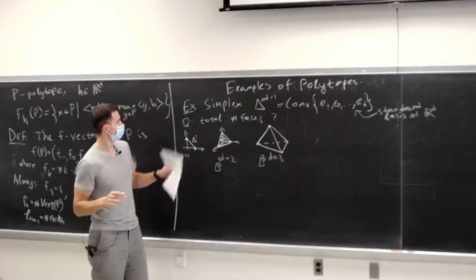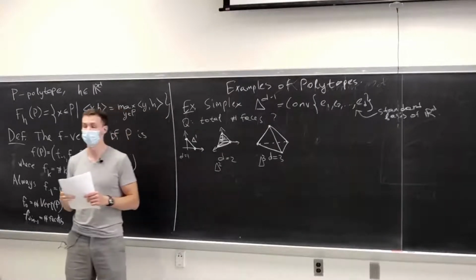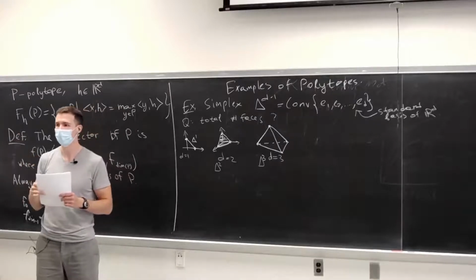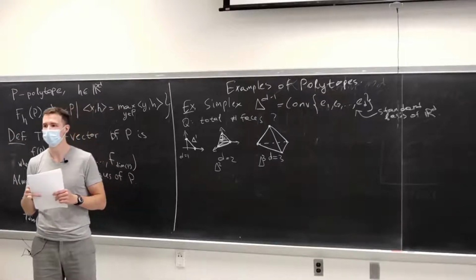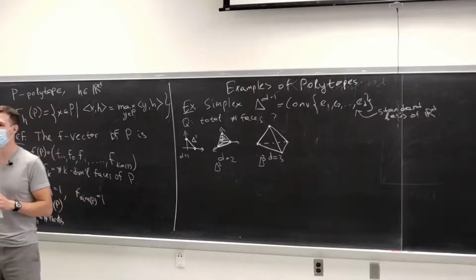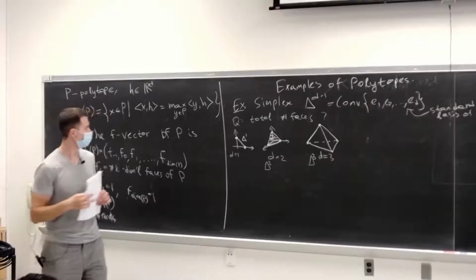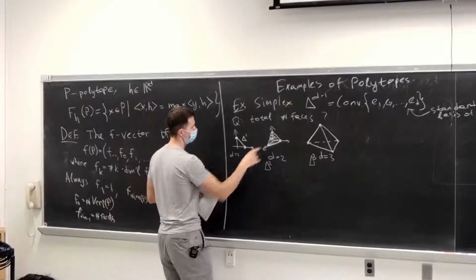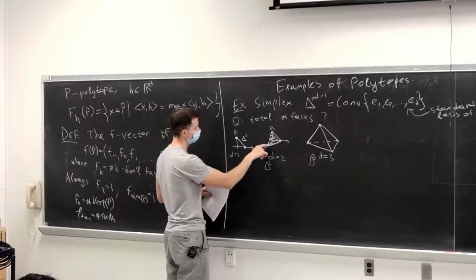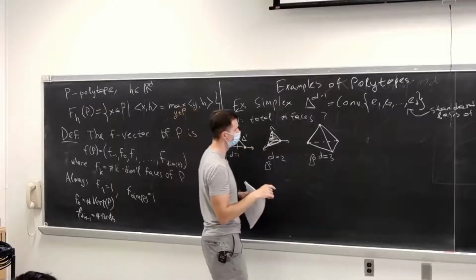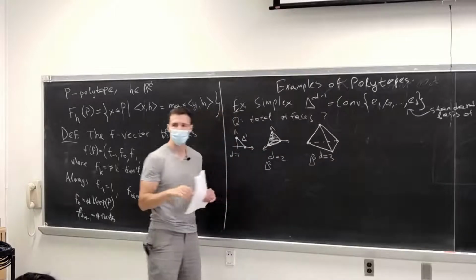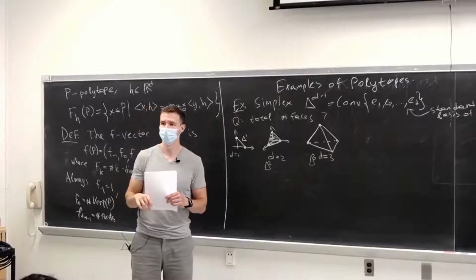So what's the total number of faces? Oh, okay. So you're saying each next polytope is what's called the cone over the previous polytope, or the pyramid over it.